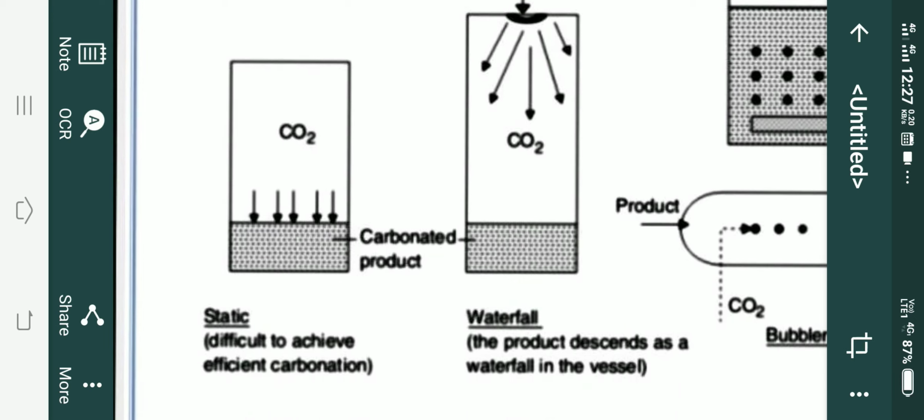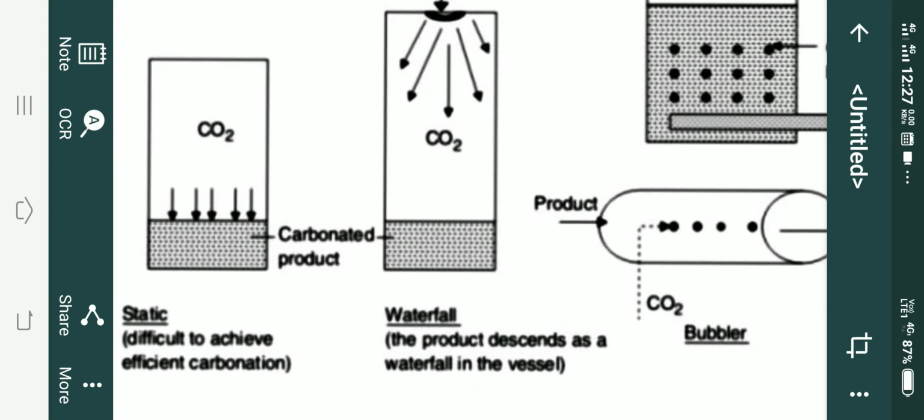In the static tank, it is difficult to achieve efficient carbonation because the syrup is there and carbon dioxide is added, so it is difficult to mix the gas and the liquid.